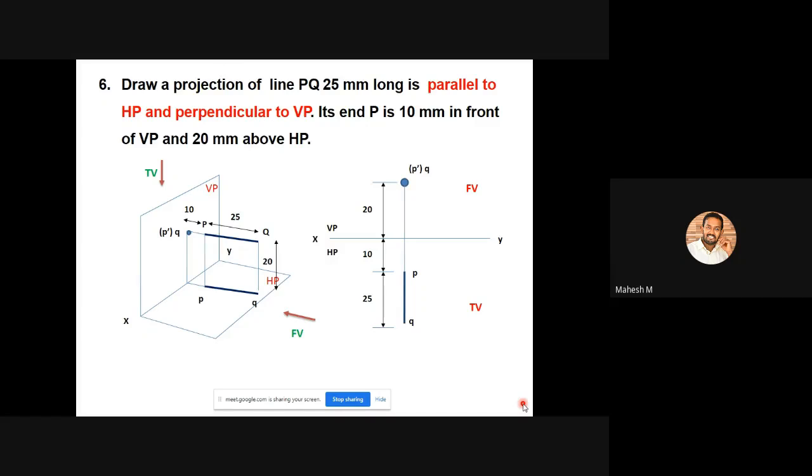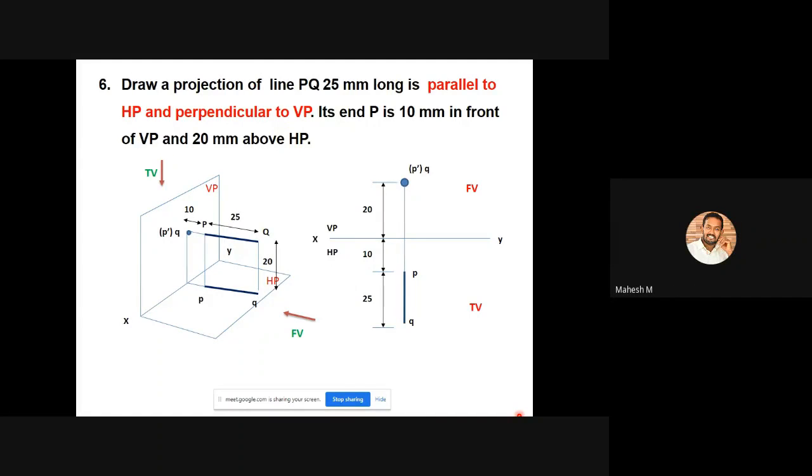Roll number 39. Is also absent. Roll number 55. So everyone is absent. Roll number 34, 39. So 55 present, sir.